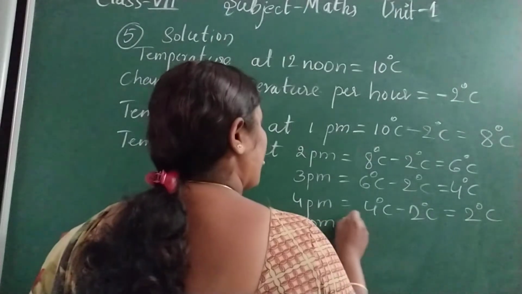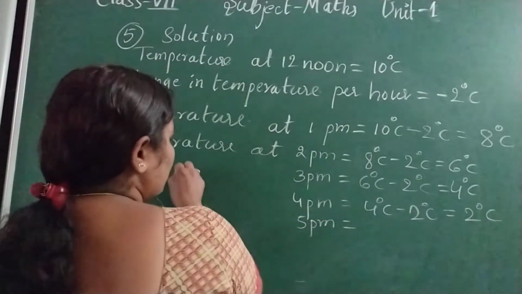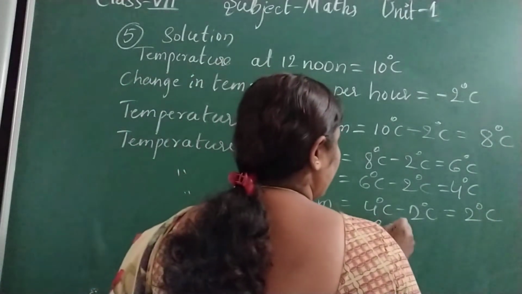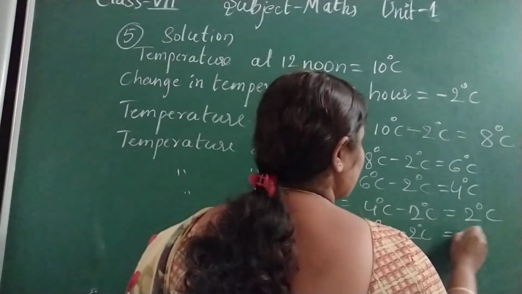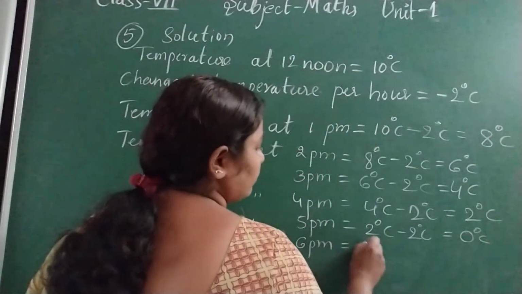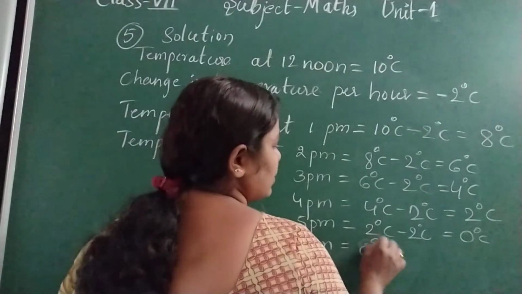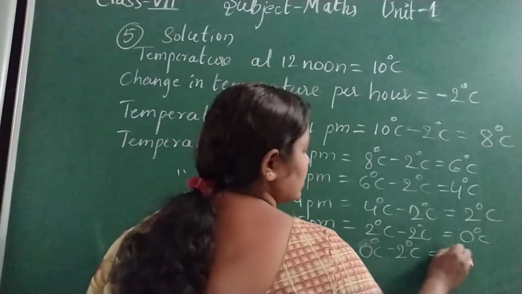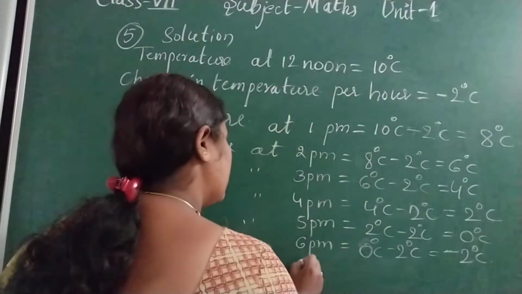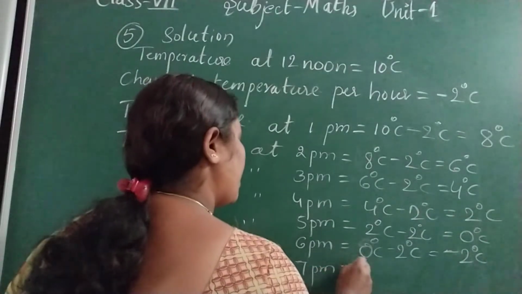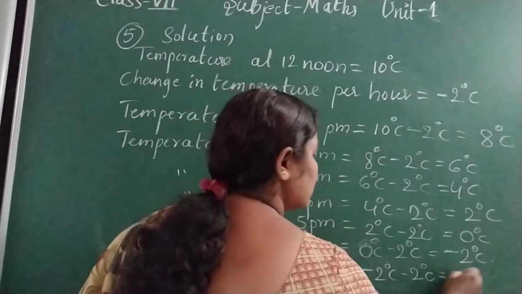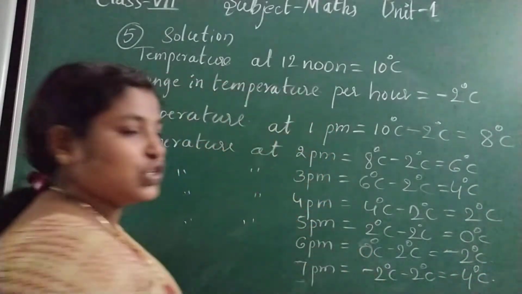5 p.m.: the same way, you should write this. I am not writing, but you should write. 2 degrees Celsius minus 2 degrees Celsius will become 0 degrees Celsius. 6 p.m.: 0 degrees Celsius minus 2 degrees Celsius is equal to minus 2 degrees Celsius. Then 7 p.m.: minus 2 degrees Celsius minus 2 degrees Celsius is equal to minus 4 degrees Celsius.